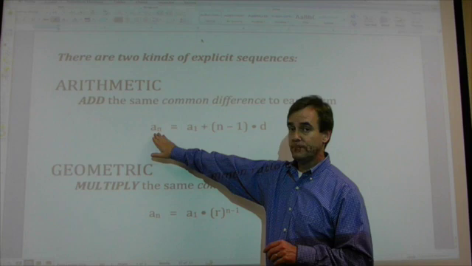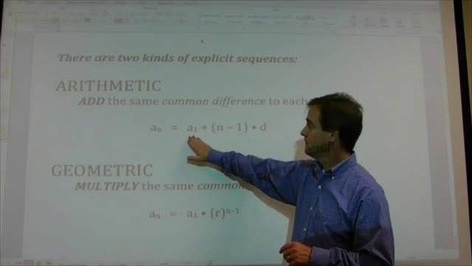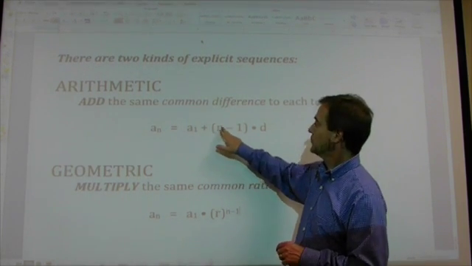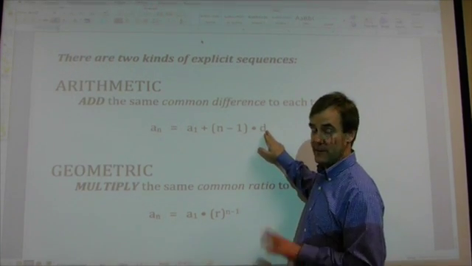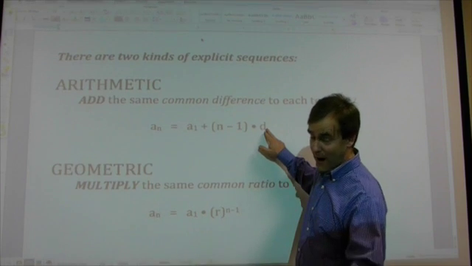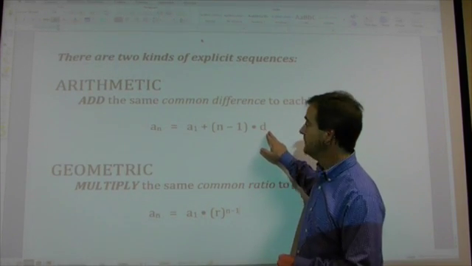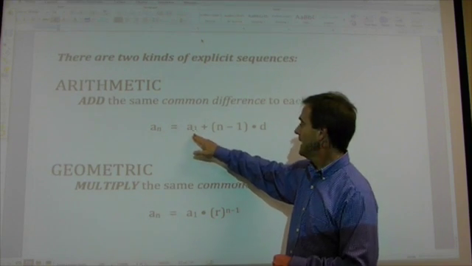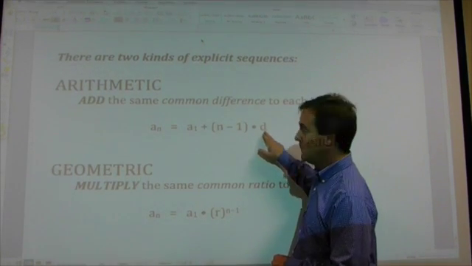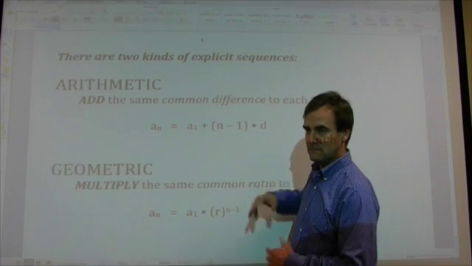You want to know a term? Take the first term and add to it your term number minus 1 times whatever the common difference is, the amount that's getting added every time, or subtracted every time. It may be adding negative. You want to know any term? Start with the first one and take what you've been adding every time times 1 less than whatever number you're trying to get to.